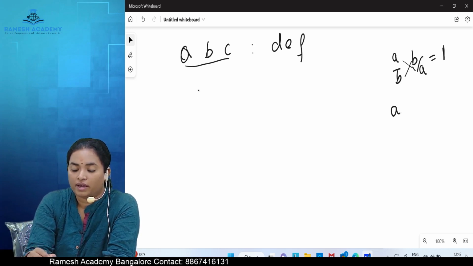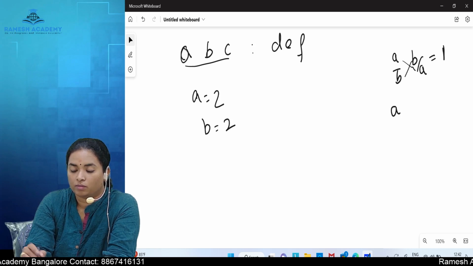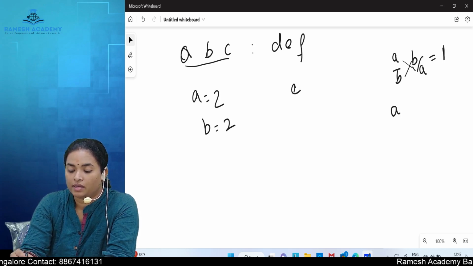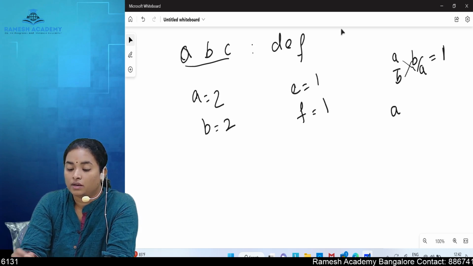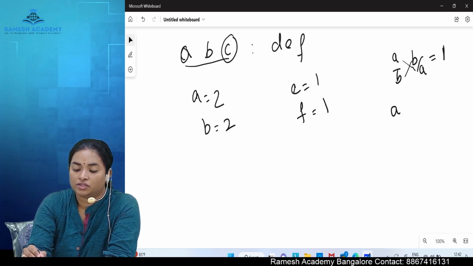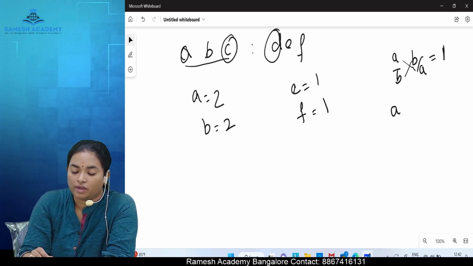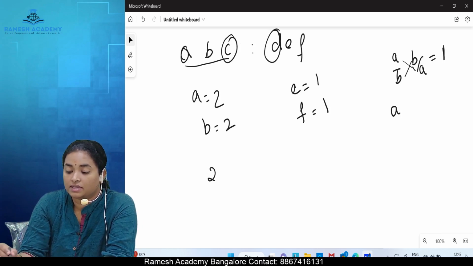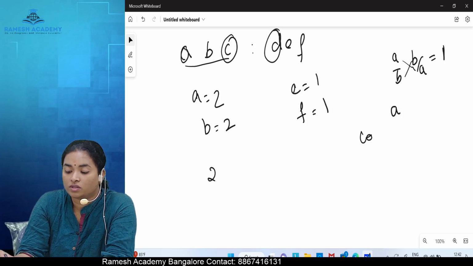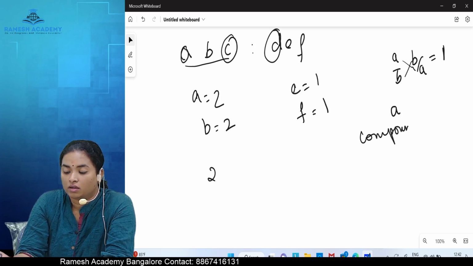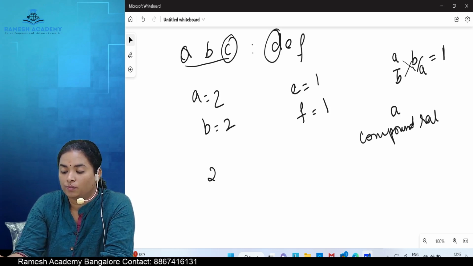Now I will give you 2 values in both of them, and E is equal to 1, F is equal to 1. Now find C and D. Can I find it? So now A is 2. As I said, its compound ratio should be equal to 1.